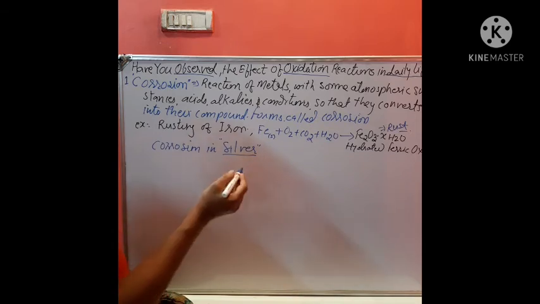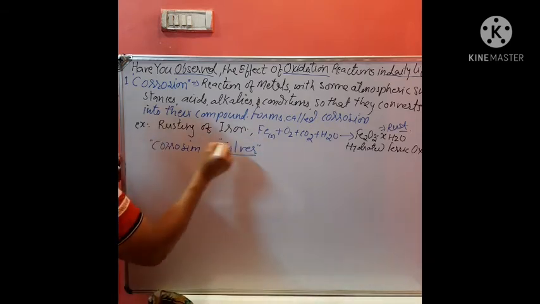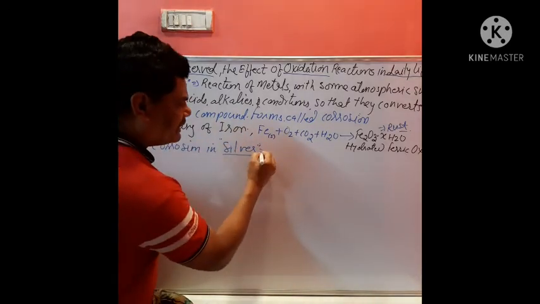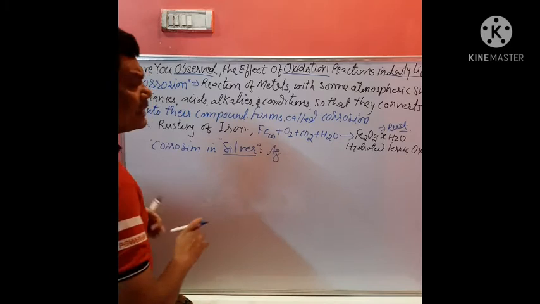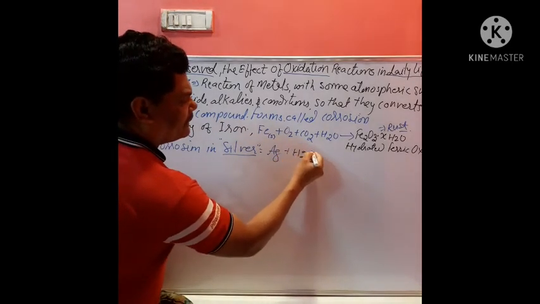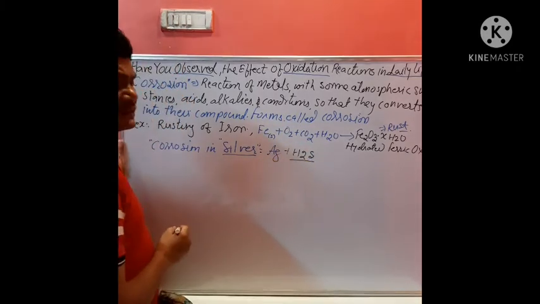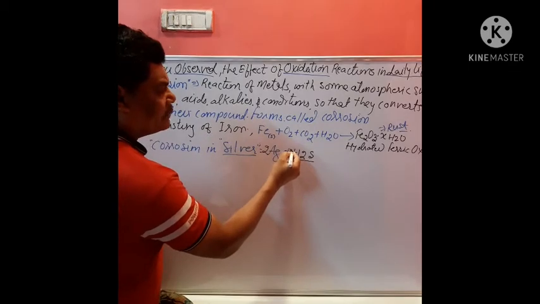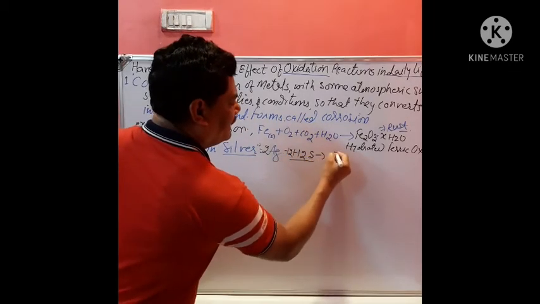Isn't it? So why and how does corrosion occur in silver? Student, silver is chemically what? Its chemical symbol is Ag. When it reacts with atmospheric hydrogen sulfide gas, now it converts into what?